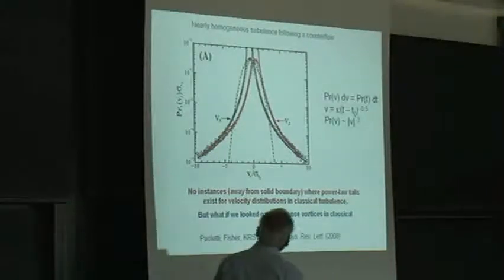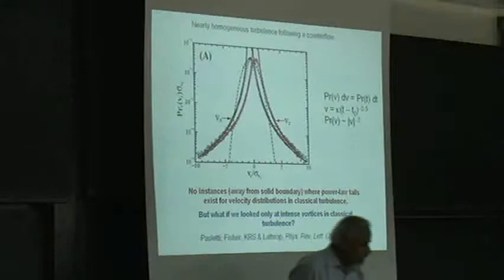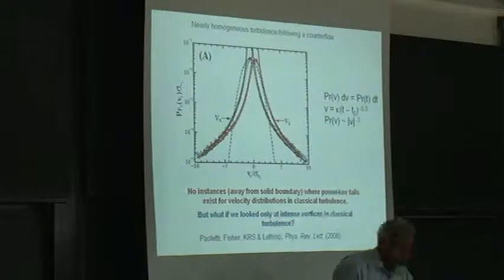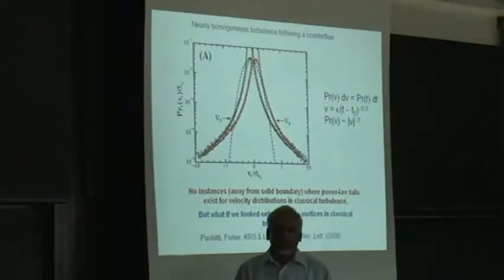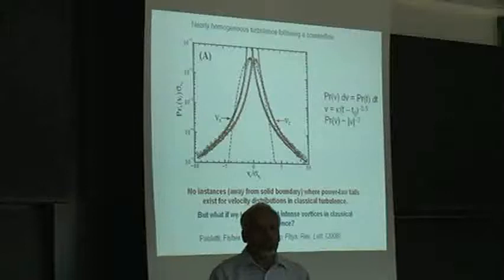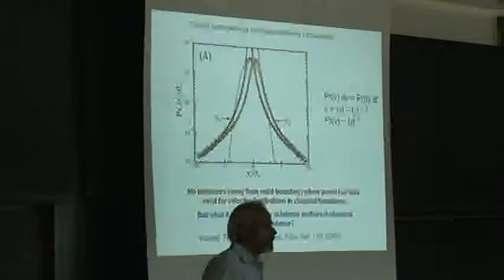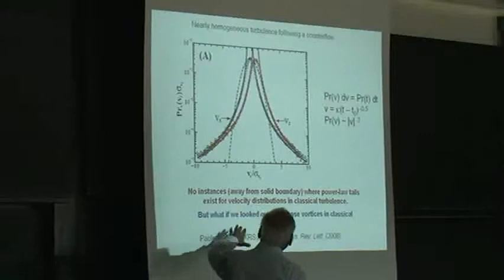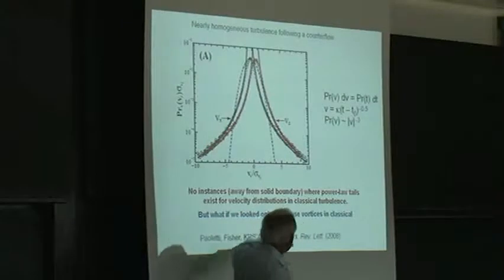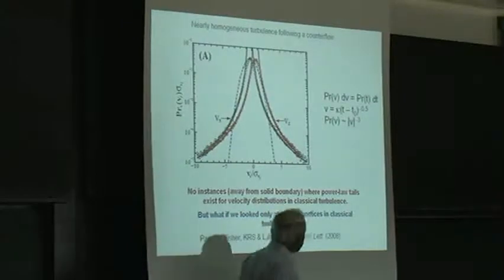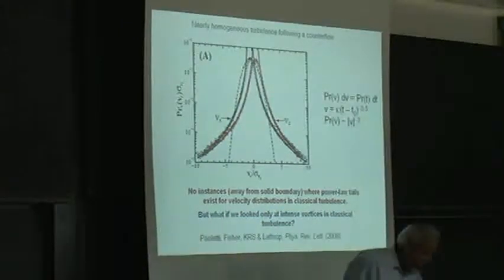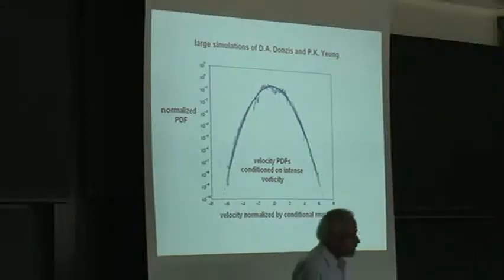I don't know if that is the right logic or not, but we tried to measure the probability density of the velocity associated with strong vortex elements. This is a conditional measurement, and you can do it for more and more intense vortices in classical turbulence. And nowhere did I see anything like a stretched distribution.